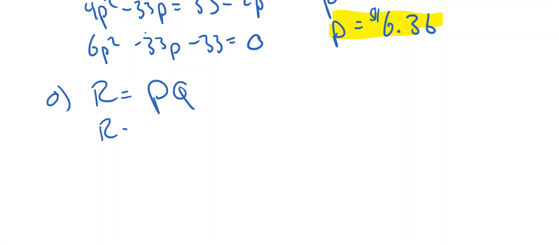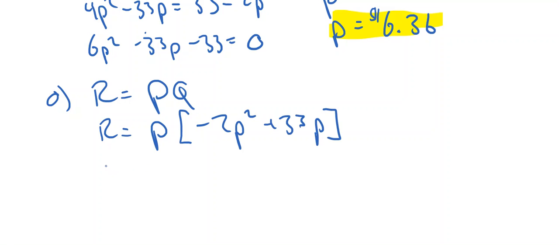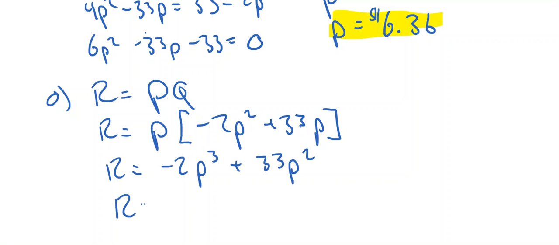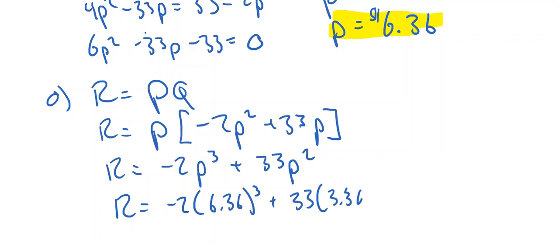So revenue is p times q, substitute in for q our demand equation, negative 2p squared plus 33p, which gives us a revenue function of negative 2p cubed plus 33p squared, and then evaluate that at 6.36 using Desmos. 6.36 squared, and that should end up being equal to $820.32.